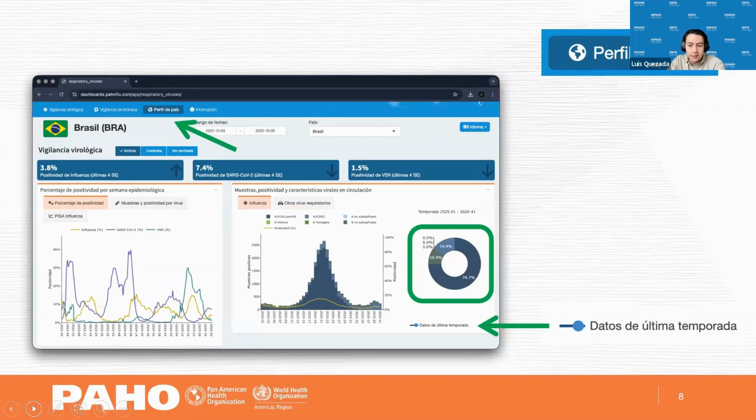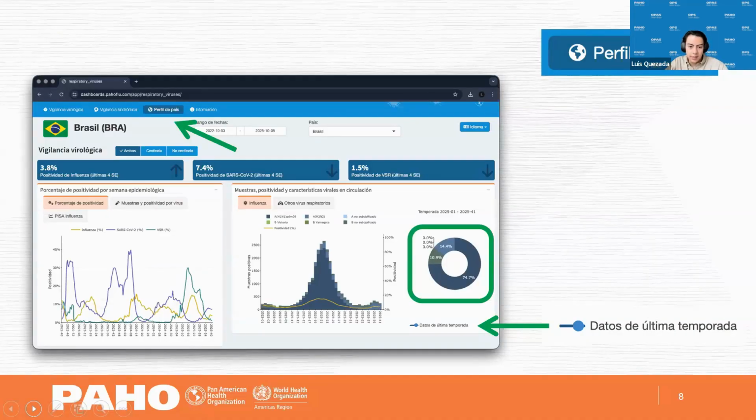Now, going back to the main pages in the dashboard, we have the country profile. Remember that for the country profile, you can use the profile just for integrated data for your country. You need to choose the country of your preference.